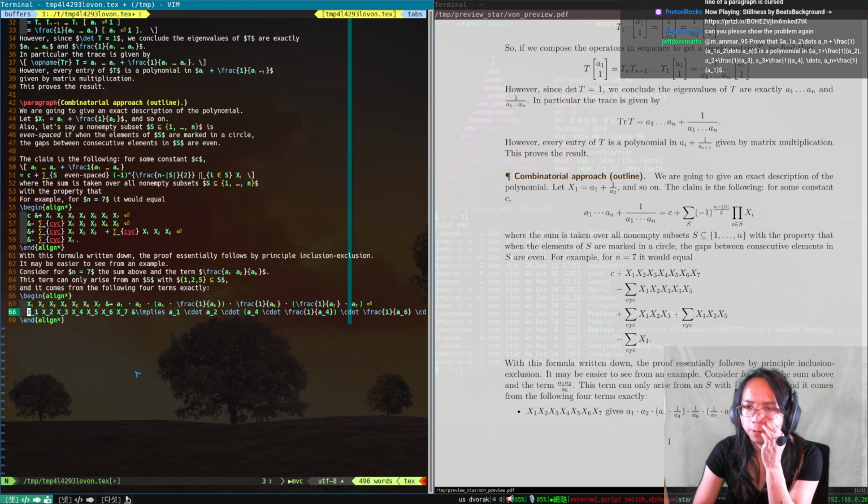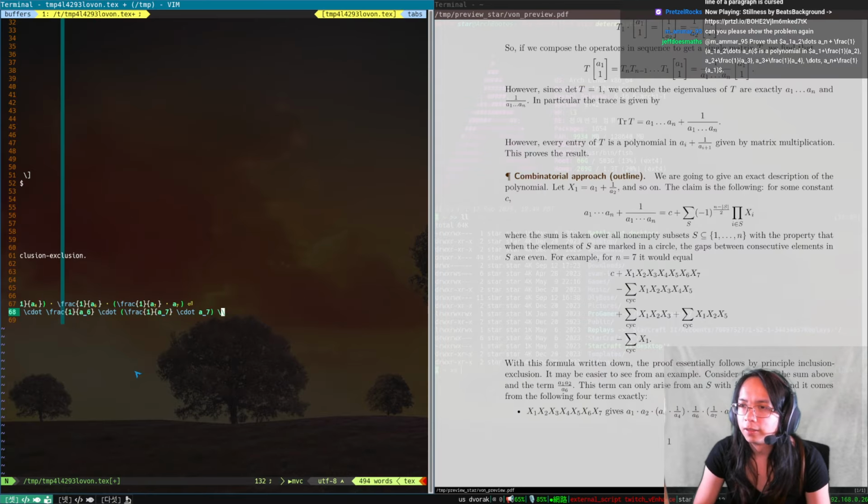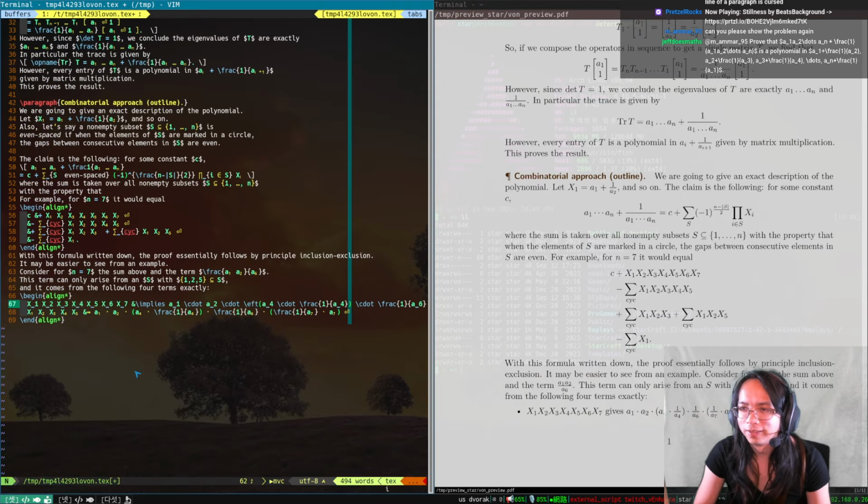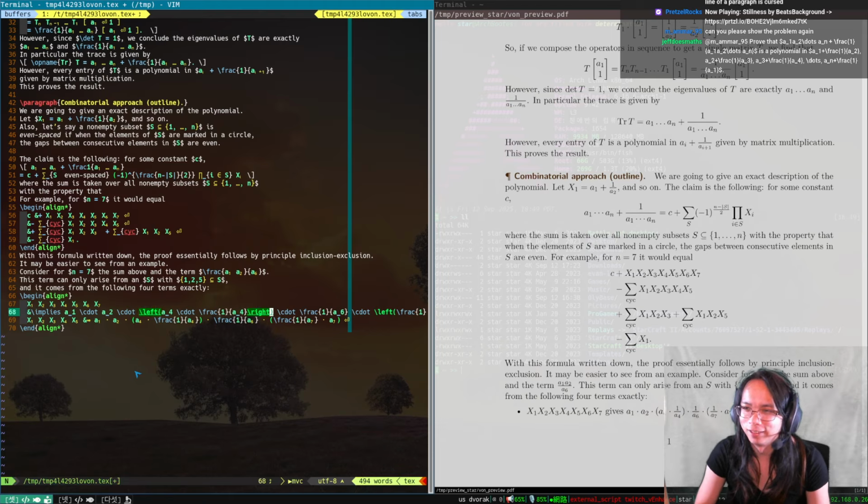Okay, and then if we fill in the gap here, instead we drop. I'm missing some left and rights. This is the part where I was like, maybe I should switch to Typst. Then you never have to type left and right again.